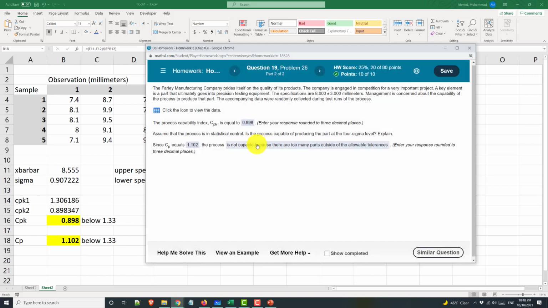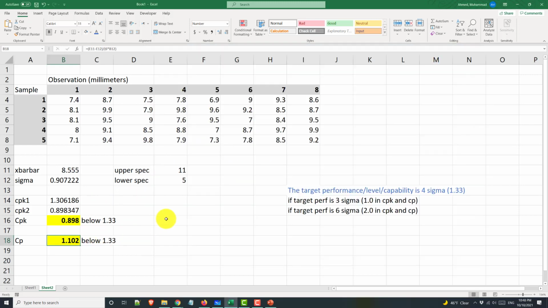Okay. Now, let me give you another example. Let's say you got a CPK of the same 0.898, okay? But let's say you got a CP of 1.34. Now CP is above the target level of 1.33, but CPK is not. In that case, what it's telling you is that your process standard deviation, the sigma, is good.